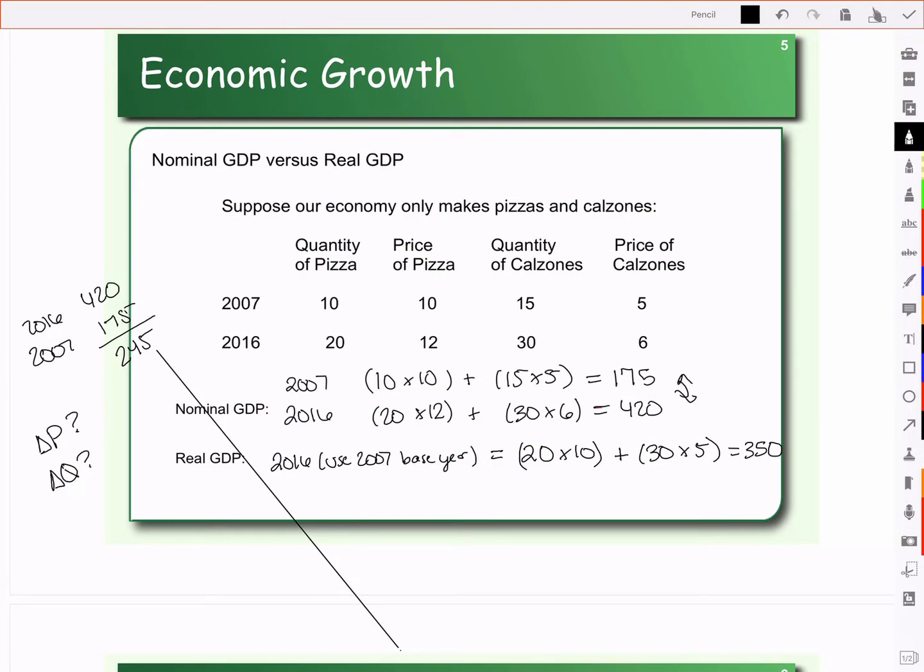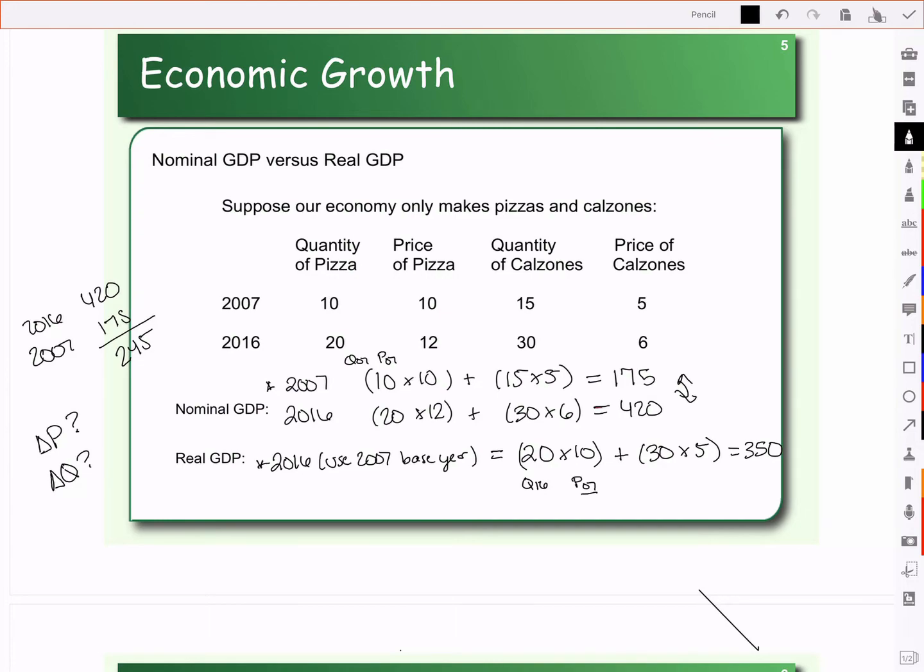The 2007 calculation for nominal GDP was the prices of 2007 and the quantities of 2007. The real GDP in 2016 used the quantities of 2016, but the prices of 2007.